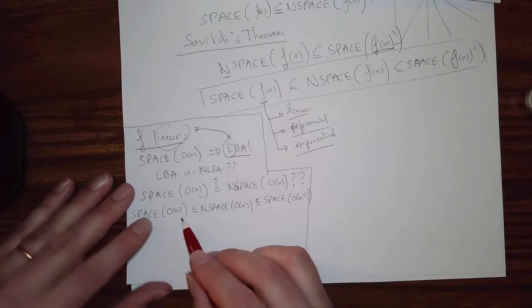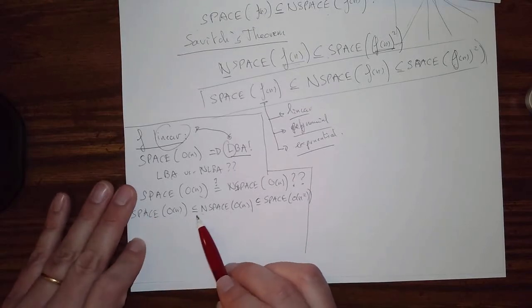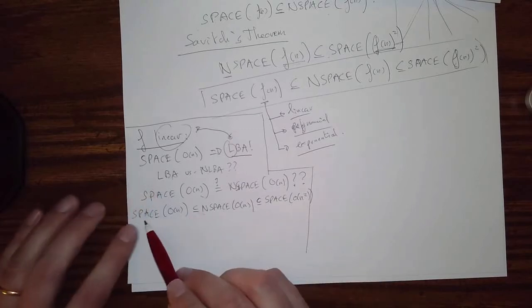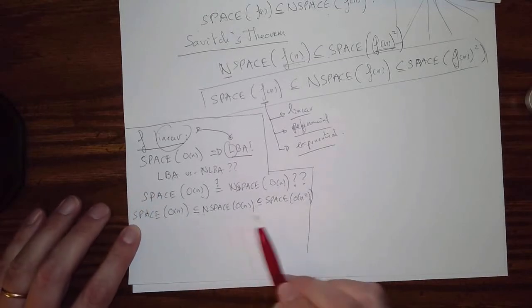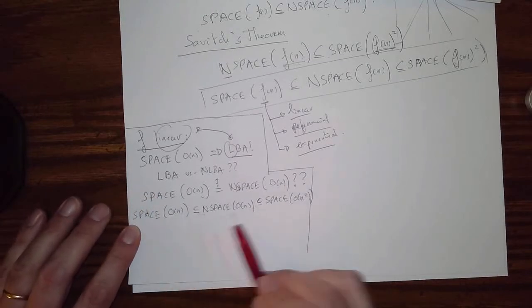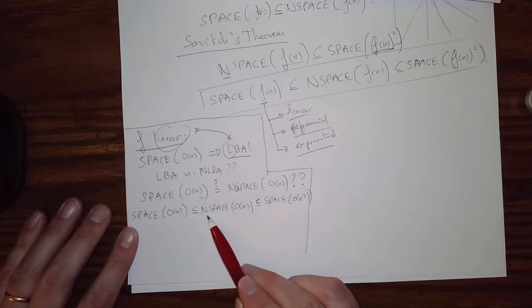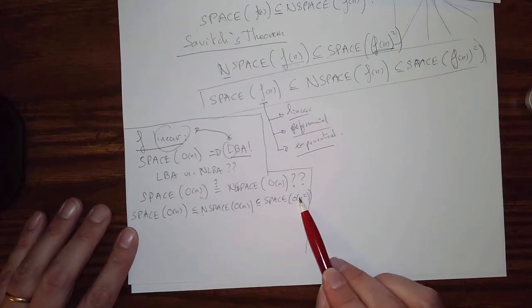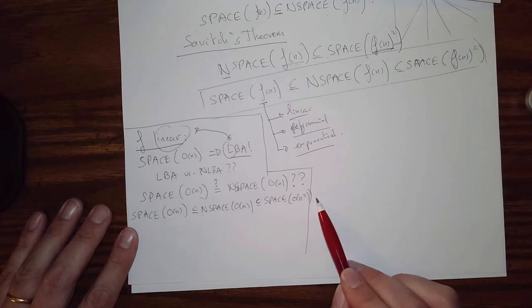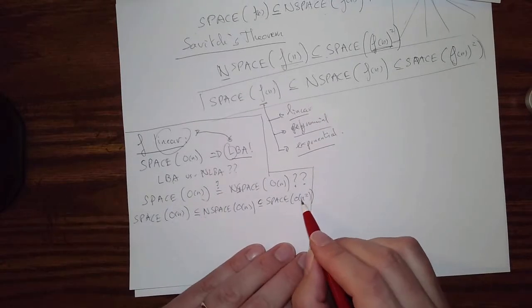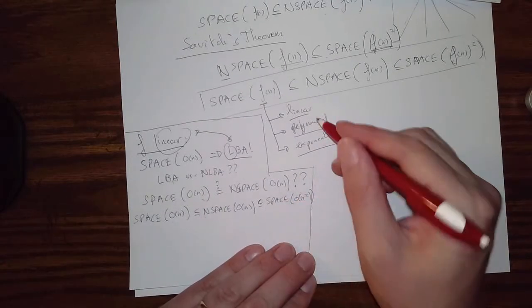For NSPACE to be larger than linear SPACE, you would have to jump to at least n squared, which is really the beginning of polynomial.